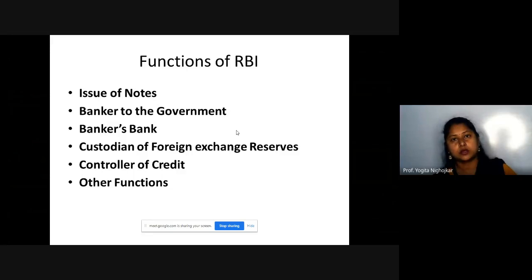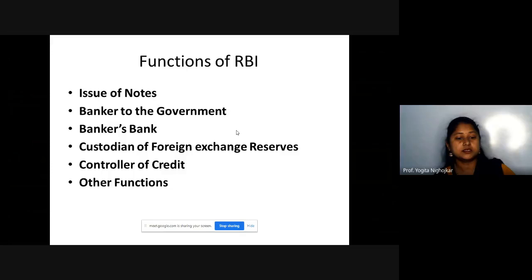These methods are qualitative and quantitative techniques to control and regulate the credit flow in the country. When RBI observes that the economy has sufficient money supply and it may cause an inflationary situation in the country, then it squeezes the money supply through its right monetary policy and vice versa.